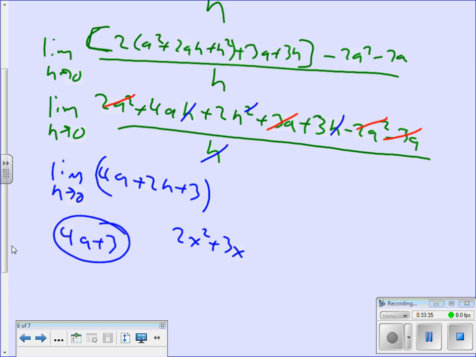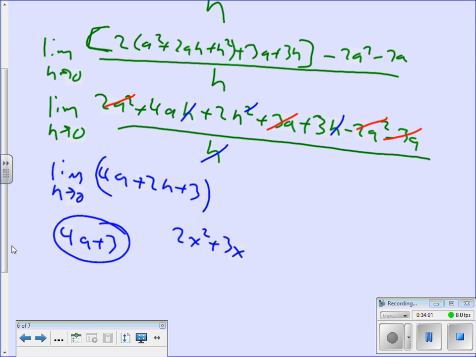So, when x is 5, the slope of the tangent line to this when x is 5 is 23. The slope of the tangent line to this when x is negative 2 is negative 5.